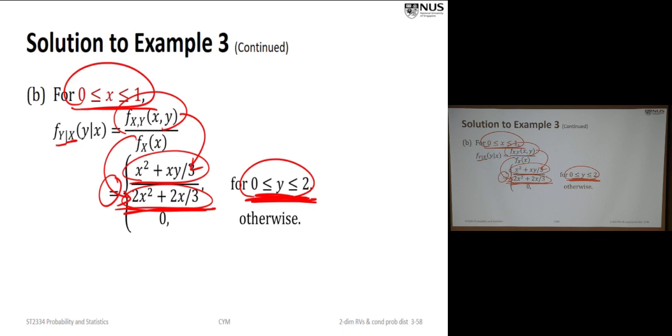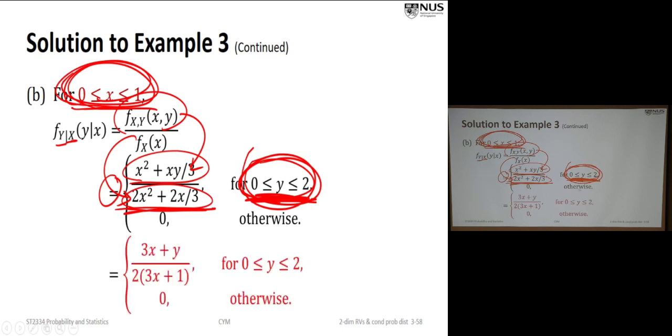Oh, sorry. This one equal to this, you need these two conditions. You need these two. Define both x and y. All right? So simplify it, and you got this one. So now you can see that the conditional distribution of y given x is a function of x and y. It depends on x, depends on y.